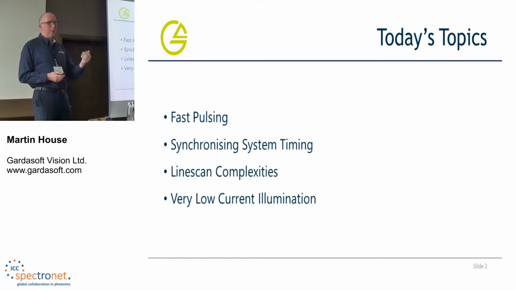Then that will lead into how we need to synchronize all our pulsing with the camera, maybe a reject mechanism, and actually triggering the lighting. And that will lead quite nicely into how we can use those in solving some line scan issues. And then for something completely different, we'll look at low current applications.